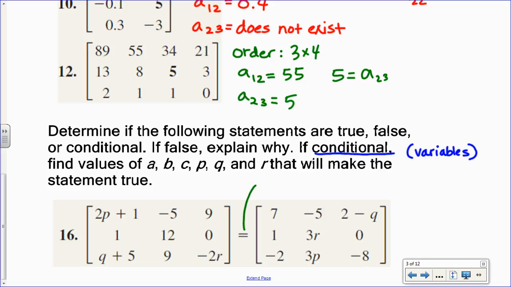Matrices are equal if all corresponding entries are equal and they're the same size. So basically if they're identical, then you can say they're equal. Just like real numbers, 2 is equal to 2, it has to be the same.